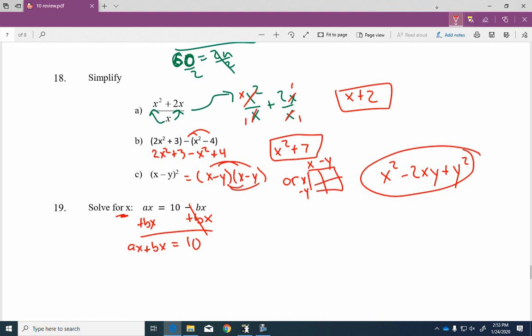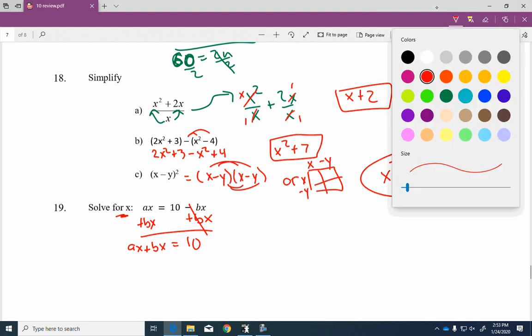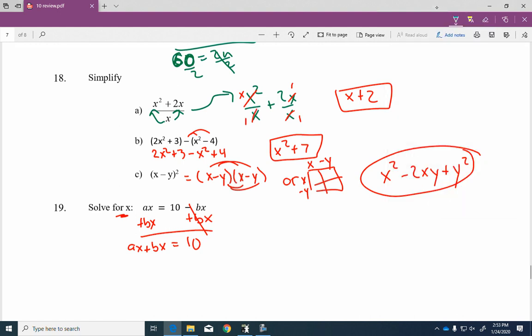When you're trying to solve for x and you got them to one side, but they're caught in 2 terms that you can't combine, this is when you undistribute. This says x times the parentheses, so I will divide by the parentheses. So x equals 10 over a plus b.